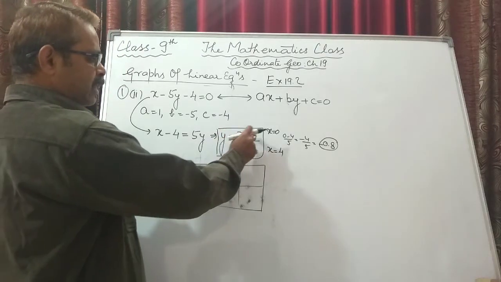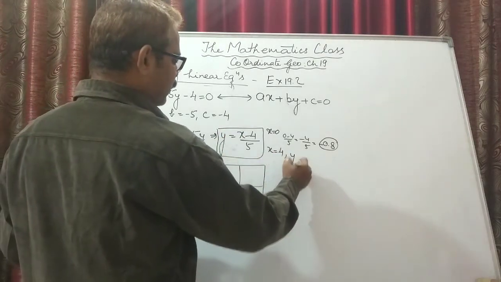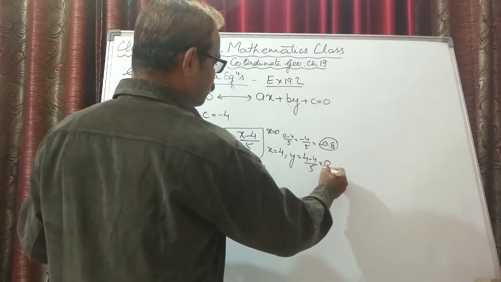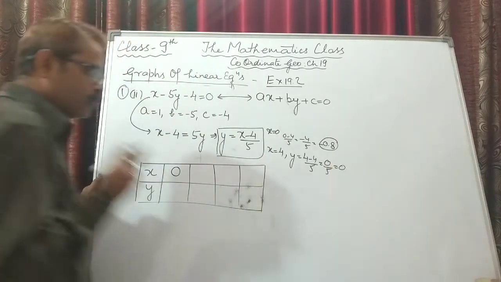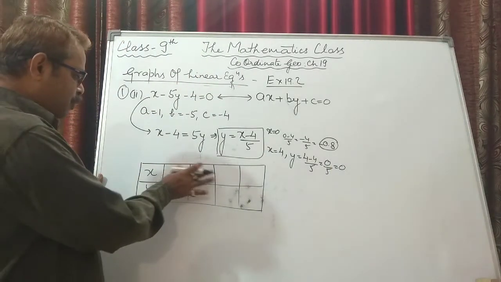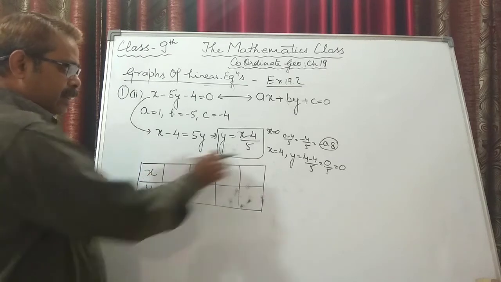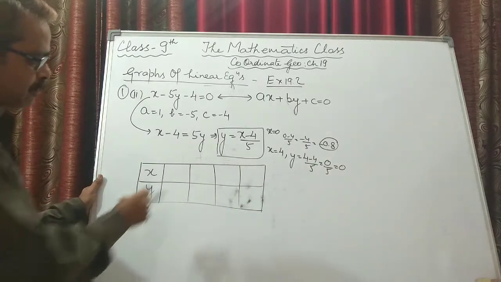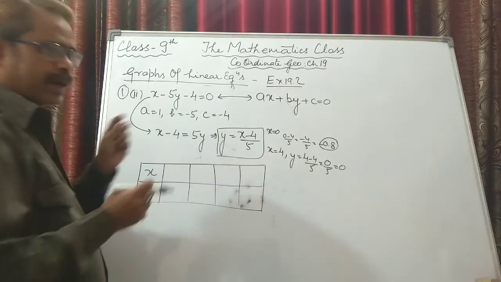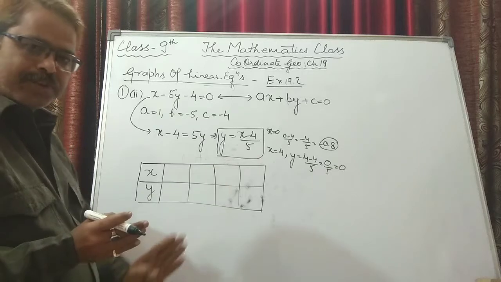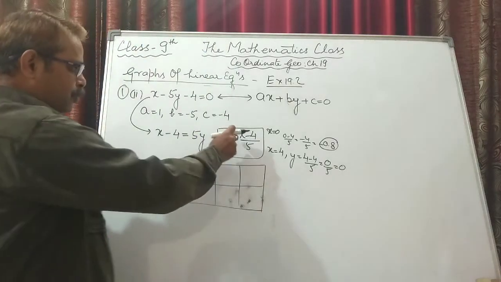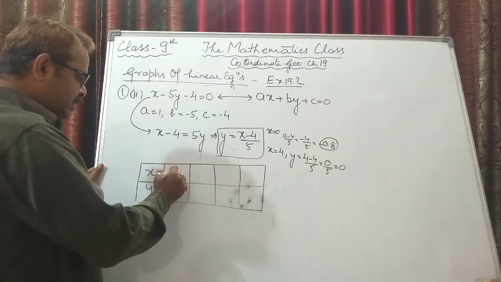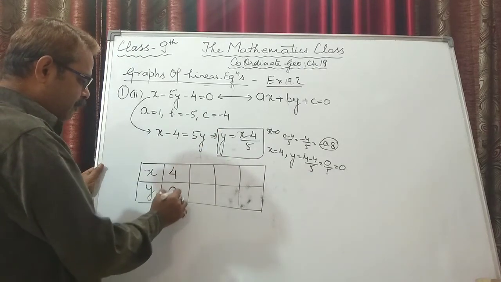Because I can see 4 minus 4 is 0, y can be written as 4 minus 4 upon 5, that is 0 upon 5, and that is 0. So one thing I got: when x is equal to 4, I get the value of y as 0. What I am trying to find are the points through which the line passes.